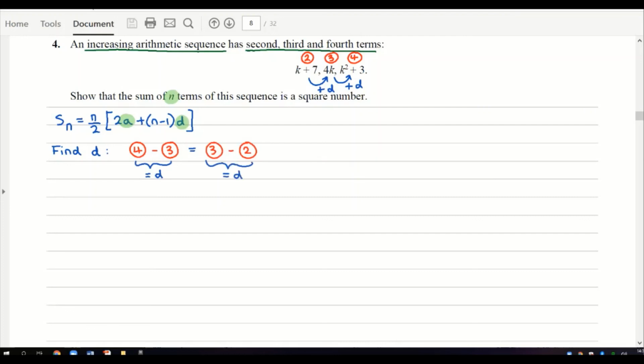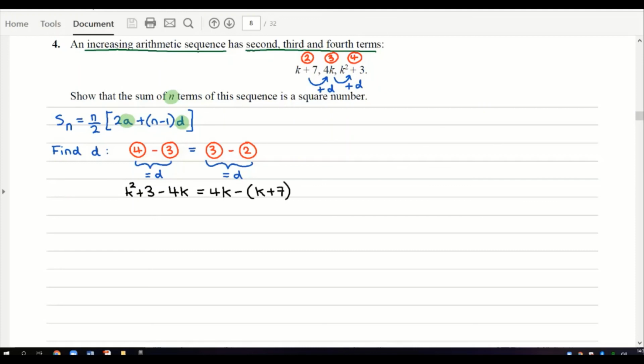So let's do this. So fourth term, subtract the third term. So that's k squared plus 3 for the fourth term. Subtract 4k, which is the third term, must be equal to 4k, which is the third term, subtract the whole of k plus 7, which is the second term.